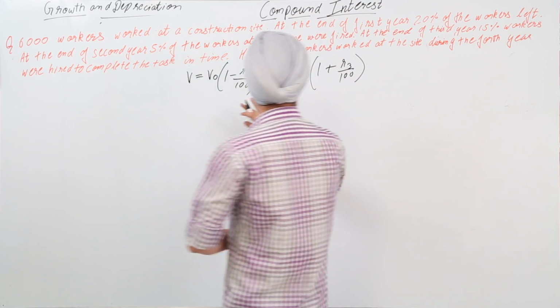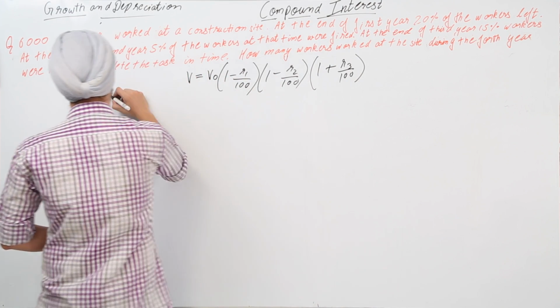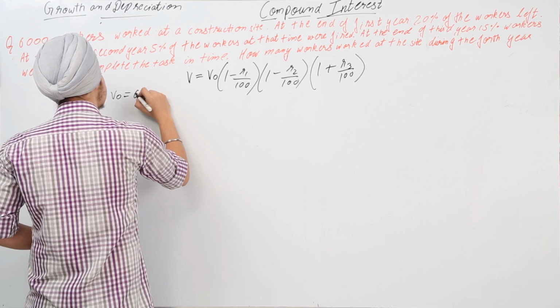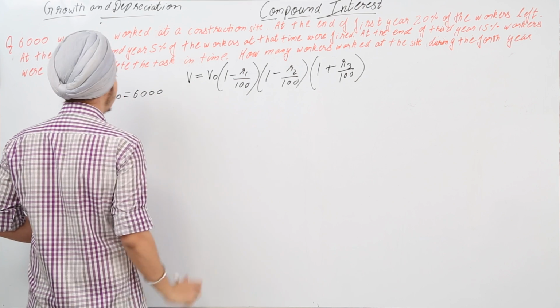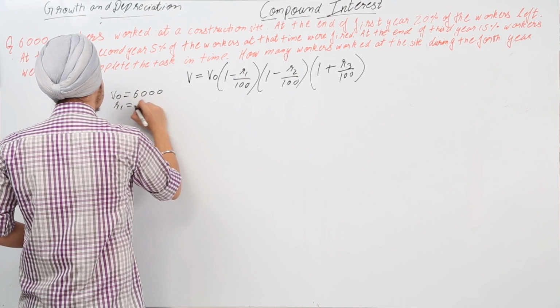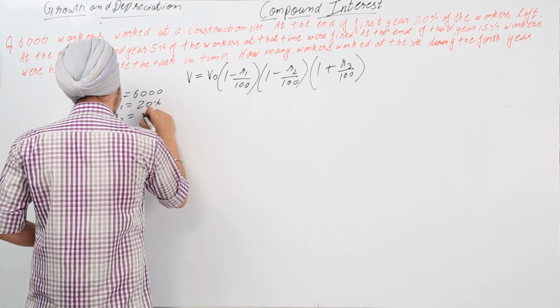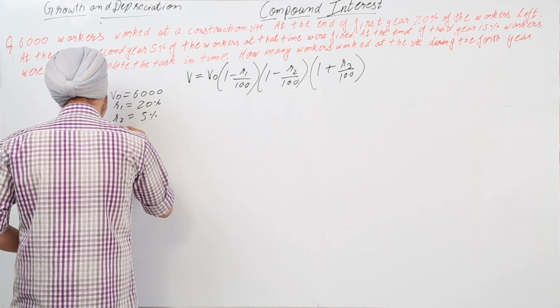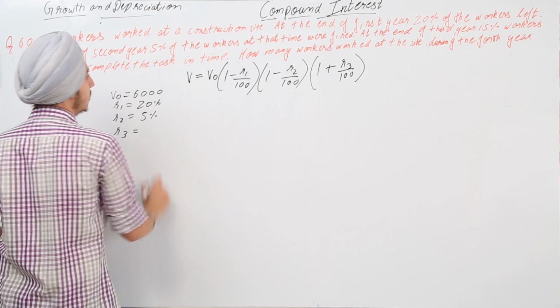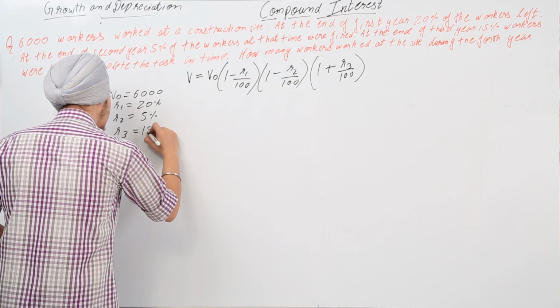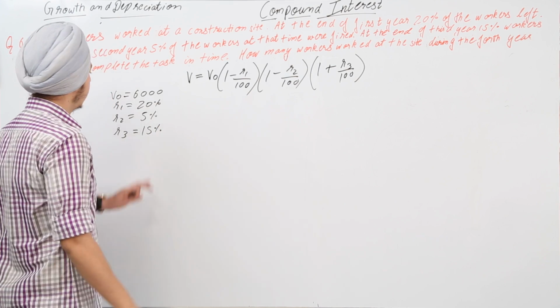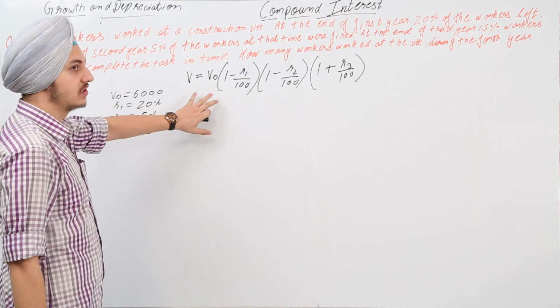Right? So in this question, we have V naught equal to 6,000, R1 equal to 20%, R2 equal to 5%, R3 equal to 15%. Now we substitute all these values in this equation.